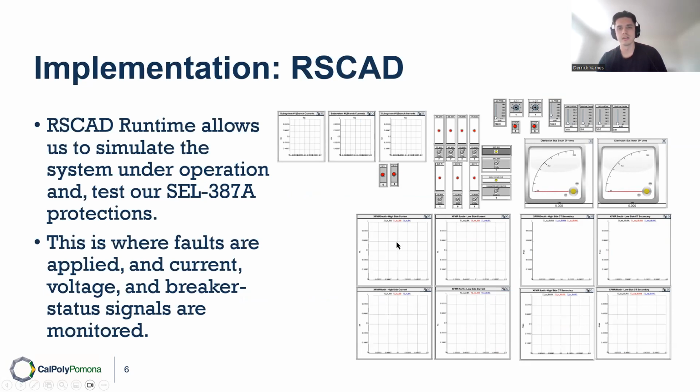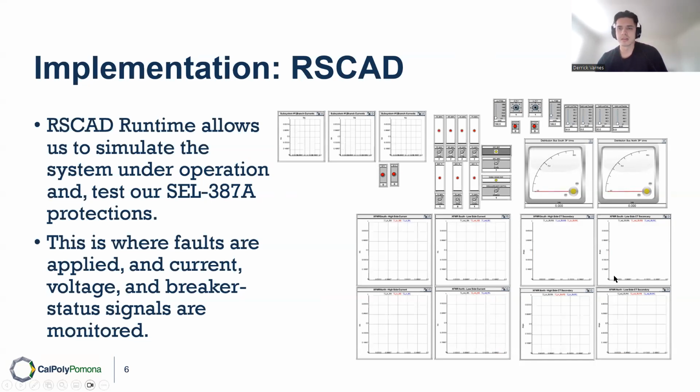These grids here are where our currents will be monitored. These top three are phase fault currents. We just use those for troubleshooting during simulations to make sure that faults are in fact happening when we want them to.